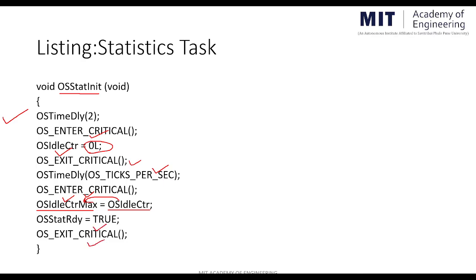Then at the end OS_EXIT_CRITICAL is called. Here we have to understand that the idle task is just counting the CPU clock pulses, and by taking that value, the statistic task calculates the CPU usage in terms of percentage. So this is all about the idle task and the statistic task.